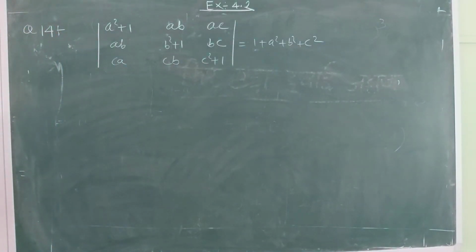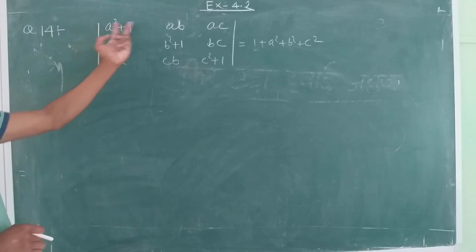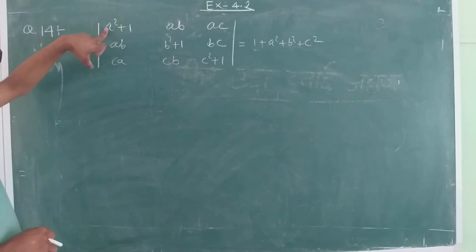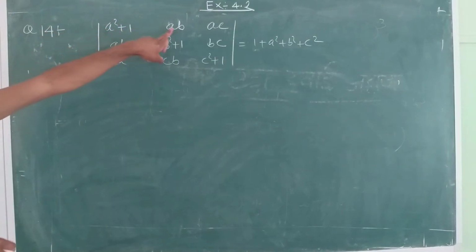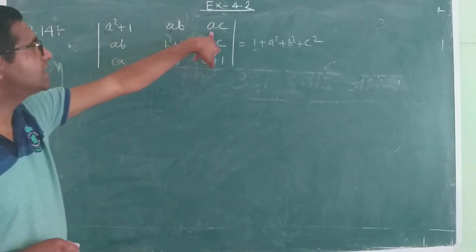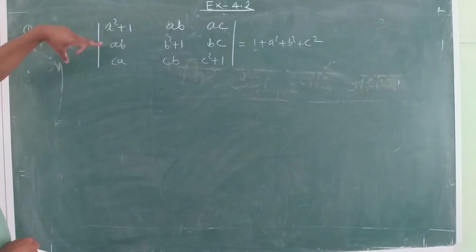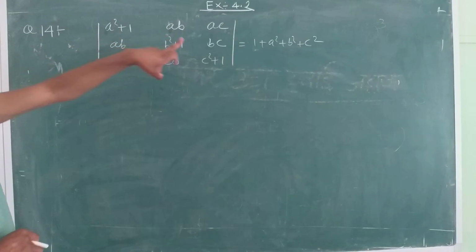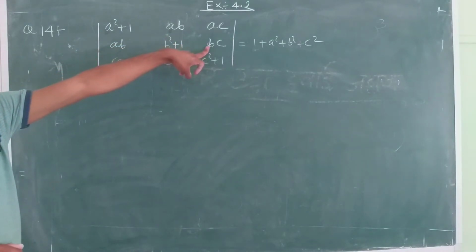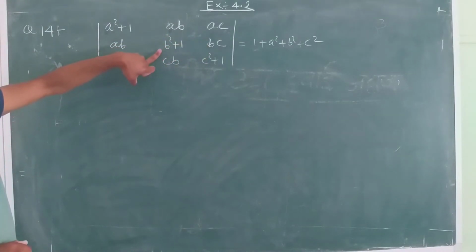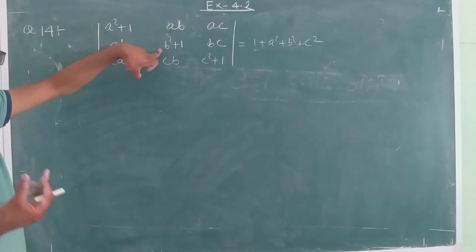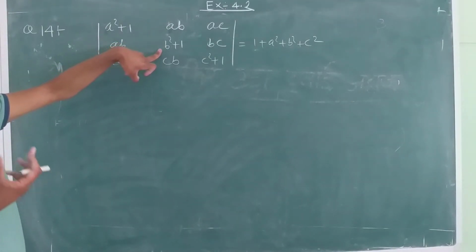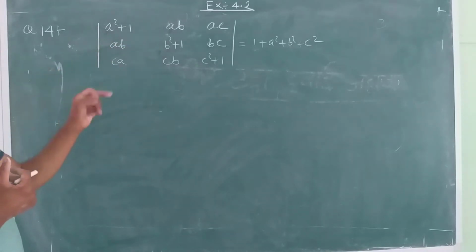Let us observe the elements of the first row. In the first row, the first element has A, the second element also has A, and the third element also has A. In the second row, the first element has B, the third element also has B, and the second element also has B. But you have to observe this very carefully.